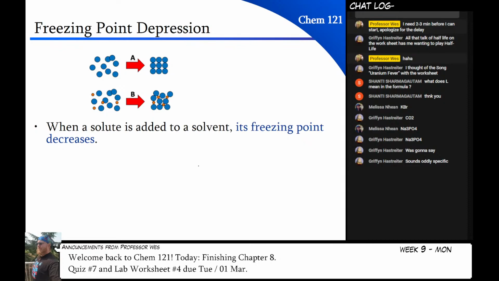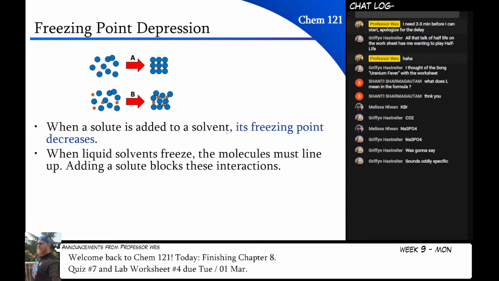Freezing point depression operates in sort of the same way that vapor pressure lowering does, too. Solute particles block the surface of our liquid to prevent evaporation. In the same manner, solute particles, which are these little orange guys here, can block the ability for something to freeze.